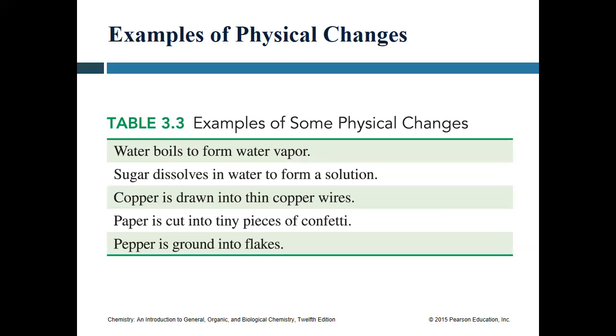So some common examples of those things are boiling water, dissolving something in water, taking a copper block and drawing it into wires for electrical wiring, cutting up a piece of paper into many tiny little pieces, grinding pepper or salt and putting it on your food. The act of cutting it and grinding it doesn't change the composition itself. Now, when you eat it, that's when the change actually takes place from a chemical standpoint.